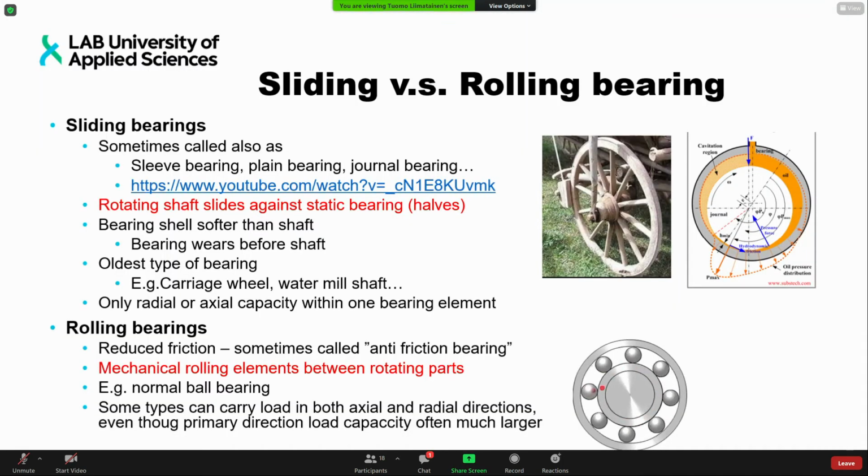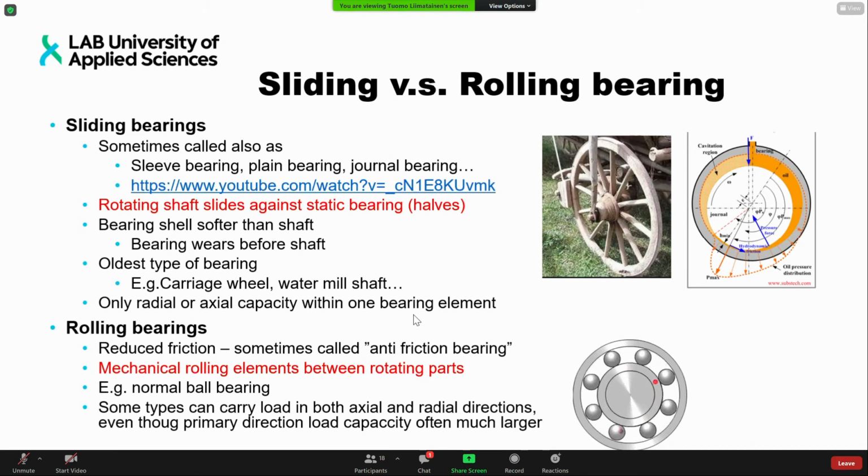And one characteristic related to the sliding bearing is that they usually only have radial or axial capacity within one bearing element. Another thing is that you will find sliding bearing sets that can carry both radial and axial load, but usually that is done in a way that these elements have both radial and axial bearing element for this load carrying function.